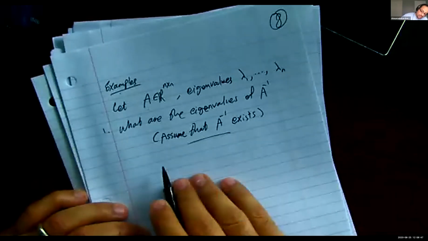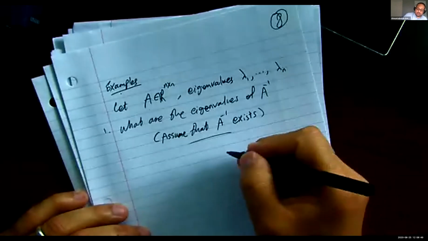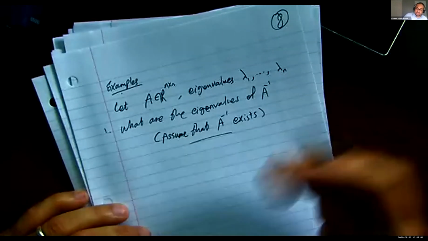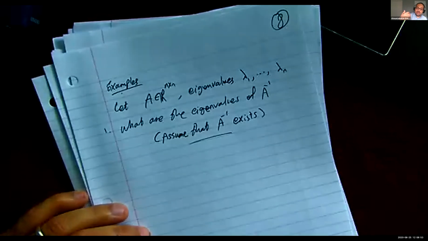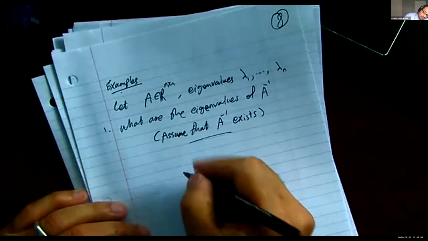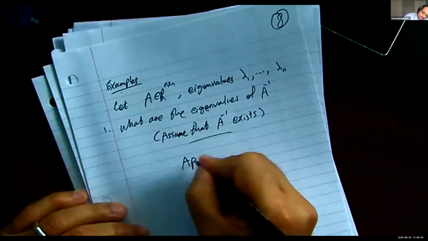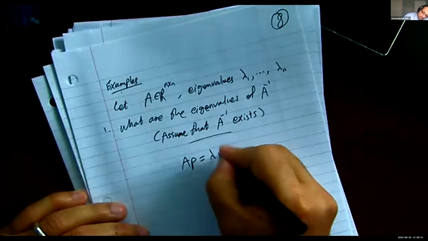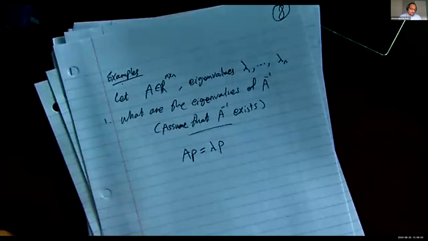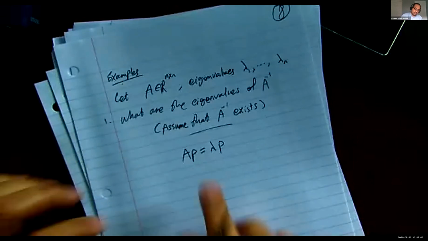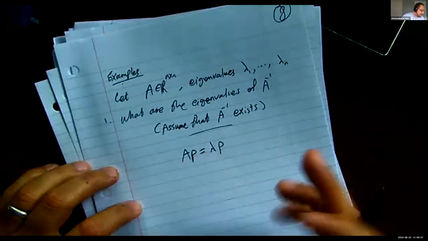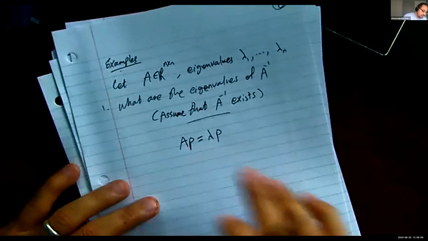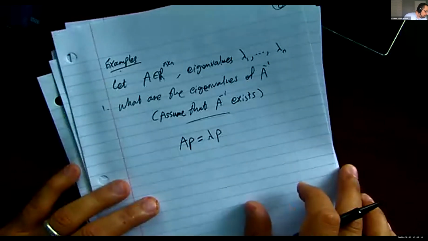So let's do it. We start with what we know, and what we know is that these eigenvalues should satisfy the eigenvalue-eigenvector equation. So A P is equal to lambda P. Here I'm calling the eigenvector P, and this is the right eigenvector.